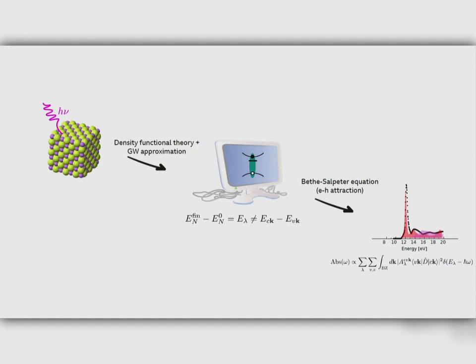This is a two-particle effective Hamiltonian, whose eigenenergies are the excitation energies of the physical system, or an approximation of it, and the eigenvectors give the physical excitation as a linear combination of electron-hole pairs calculated within DFT plus GW. As you can see, this reproduces the exciton very nicely.